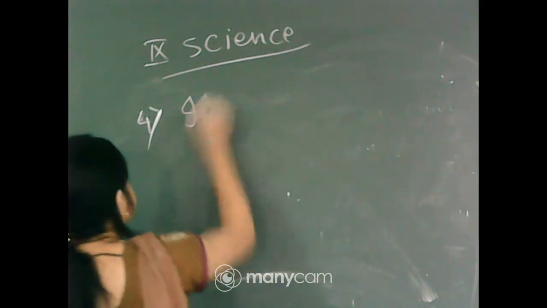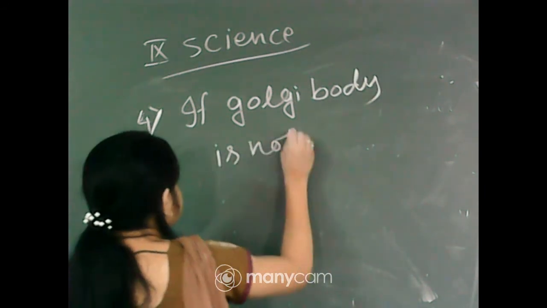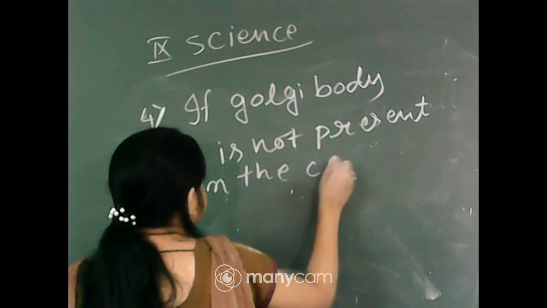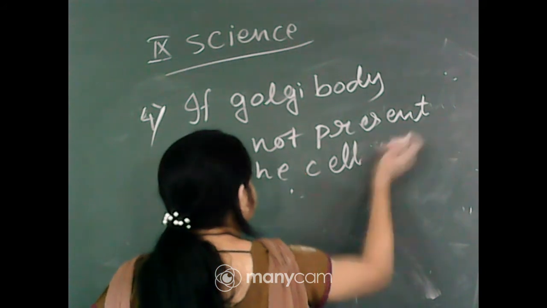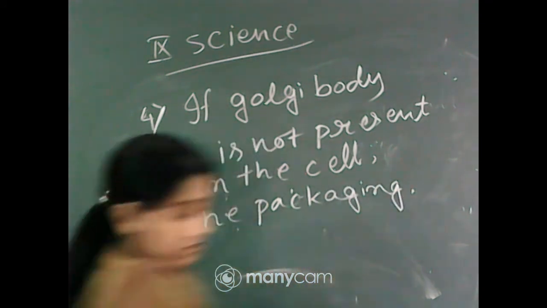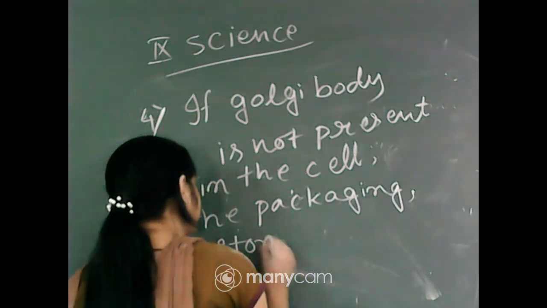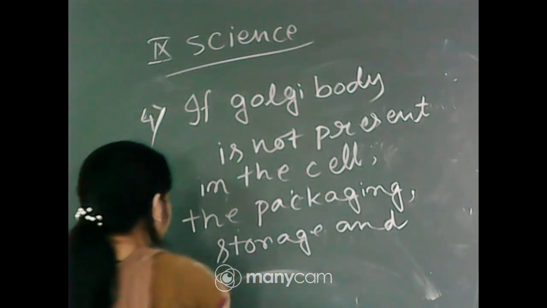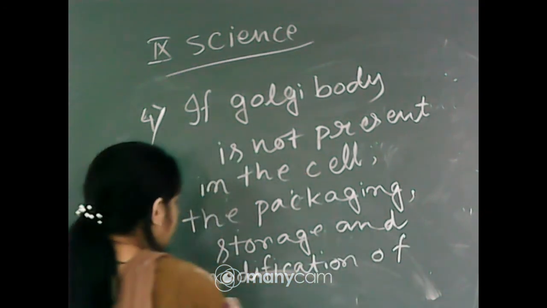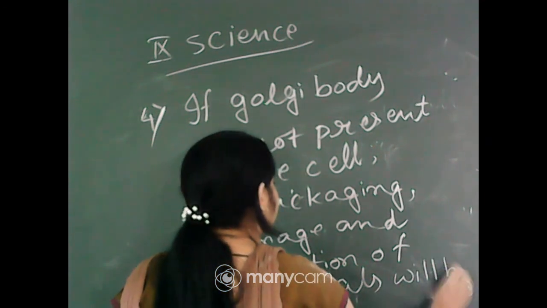If the Golgi body is not present in the cell, the packaging, storage and modification of materials will be impossible.